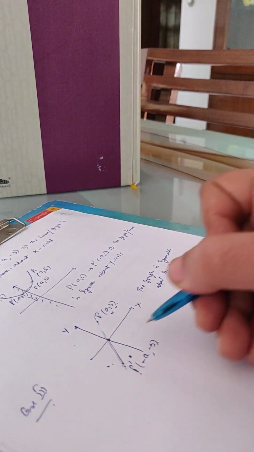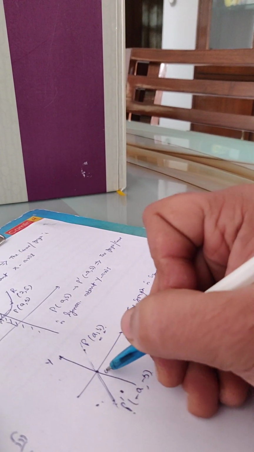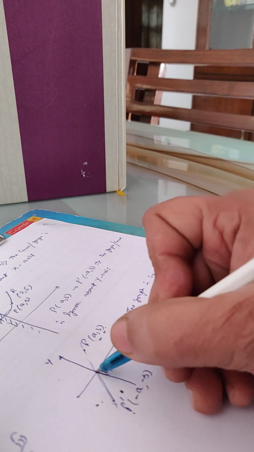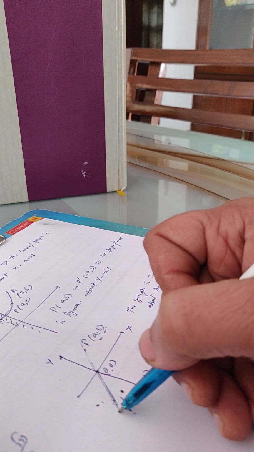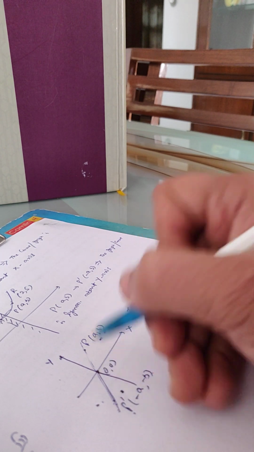This is the x-axis, this is the y-axis. So at this origin (0, 0), the graph is symmetric. The graph is symmetric about this point.